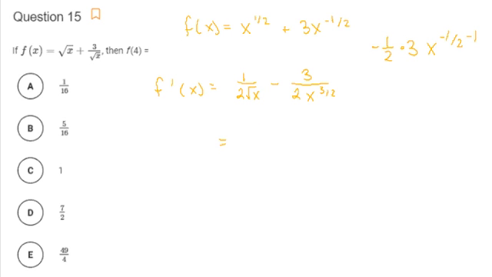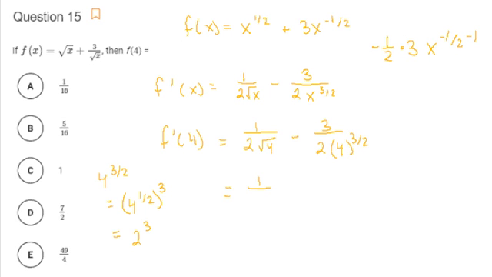Okay, f prime of 4 is 1 divided by 2 times the square root of 4, minus 3 over 2 times 4 to the 3/2. 4 to the 3/2 is equal to 4 to the 1/2 cubed, so that's 2 cubed, which is 8. So we've got 1 divided by 2 times 2, which is 4, so 1/4 minus 3 divided by 2 times 8.